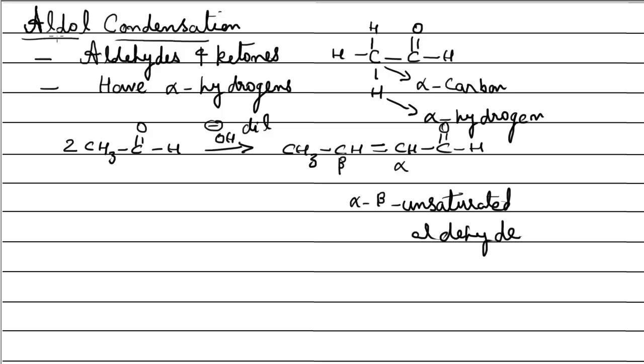Now the reaction is primarily called aldol because aldehydes are more reactive than ketones, so aldehydes react faster than ketones, with better product yield. First, the reaction forms an addition product, which is called the beta hydroxy aldehyde.